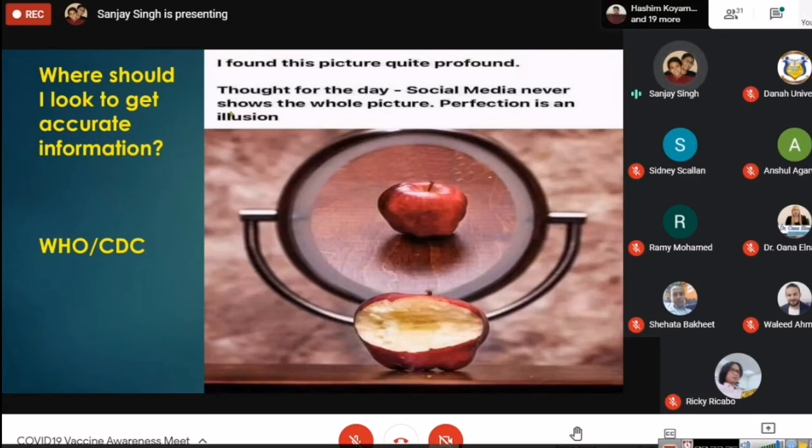So there's a lot of misinformation in social media. So the onus is on you to get accurate information. Always refer to WHO or CDC for any such information. And it's better not to disperse any information which you are not sure of.